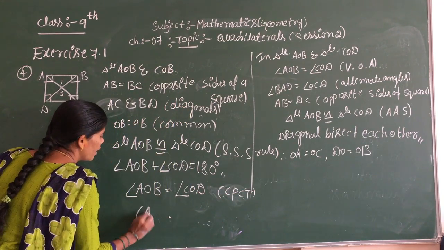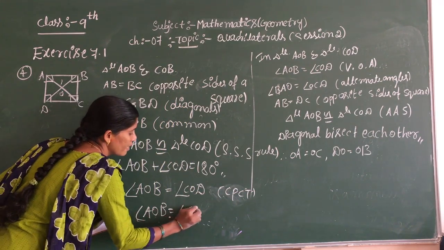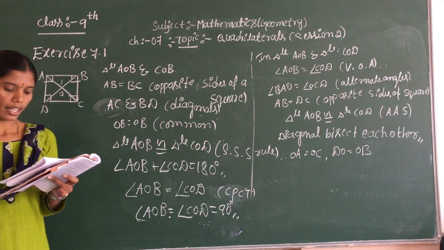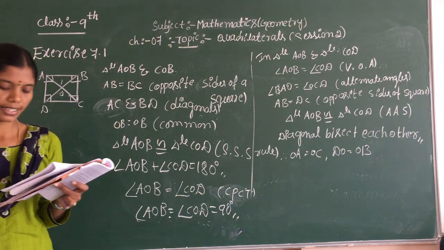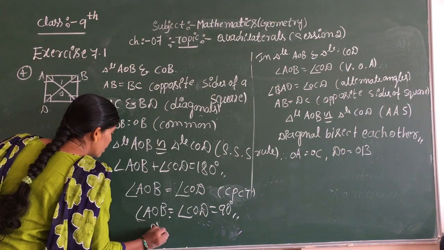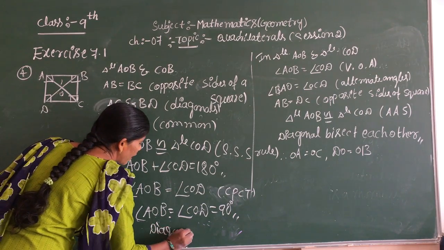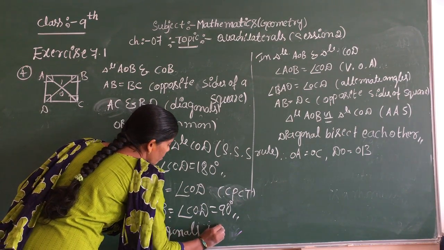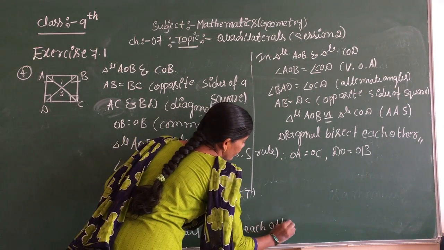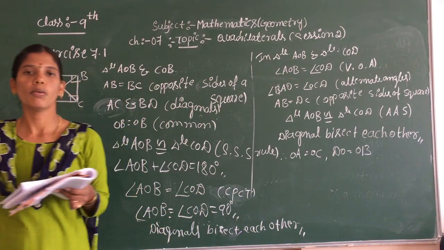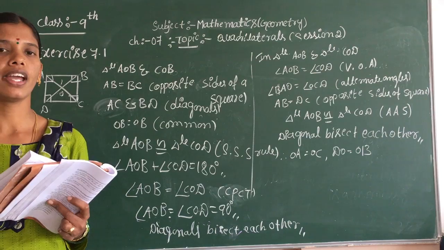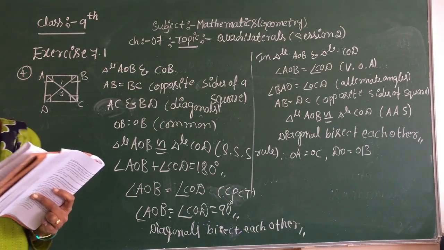Next, angle AOB is equal to angle COD, each angle represents 90 degrees only. Otherwise, diagonals bisect each other. Yes, the proof. Okay, children, you should compare that properly. Okay, have you understood? That was the fourth problem.